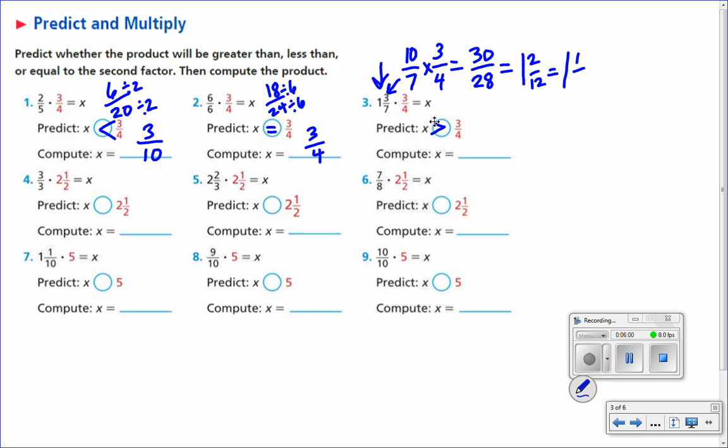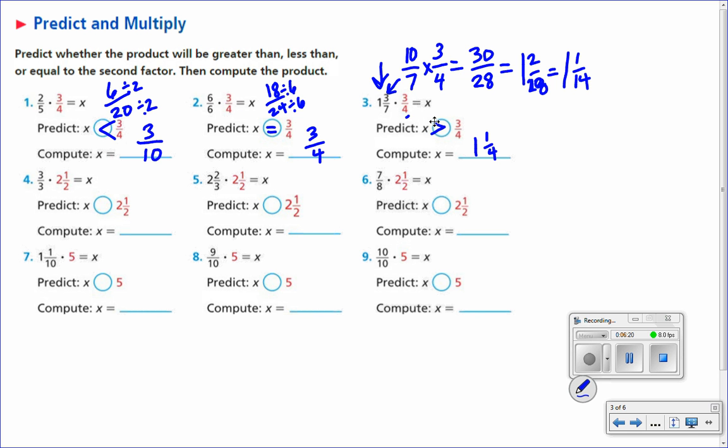This should be 28ths, sorry. 14ths. 1 and 1/14. It's more than 3/4. You were correct. We're talking about this factor. Okay. All right, now let's look at number 4.